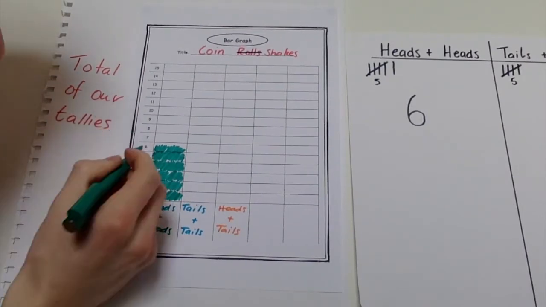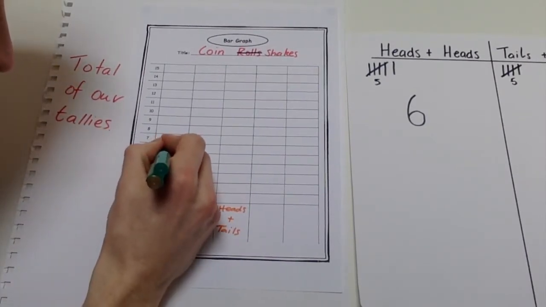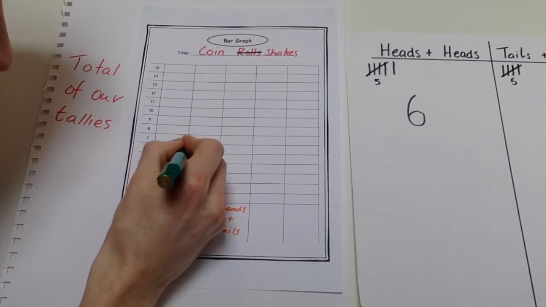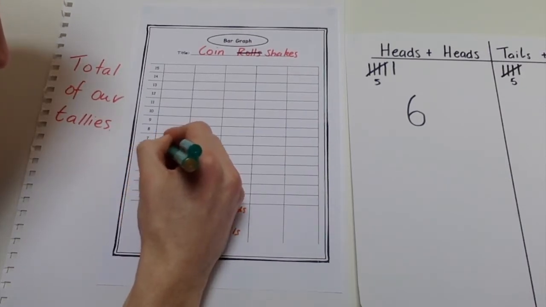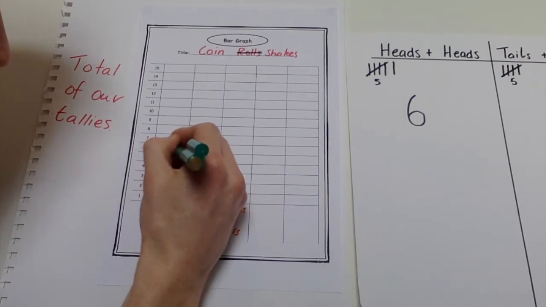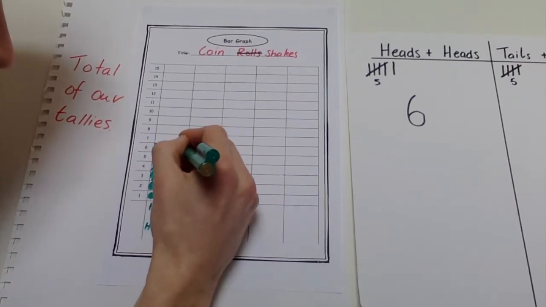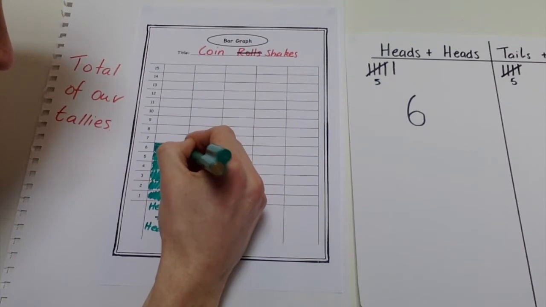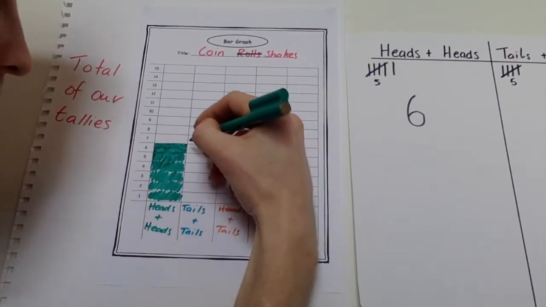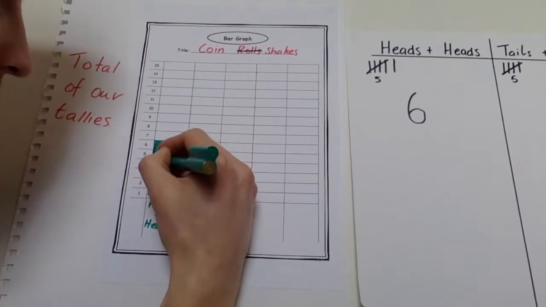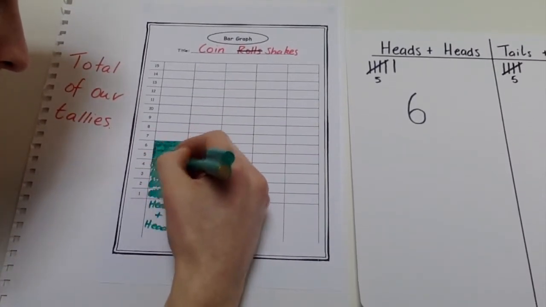Now you need to be really careful on this one because you do not want to go into the 7. Okay, so you really need to be careful not to go in the 7. Okay, so last one. Careful not to colour in number 7. Because our total is 6, okay? So, you can colour that box in nice and neat, okay? Alright, so I've got little gaps here.